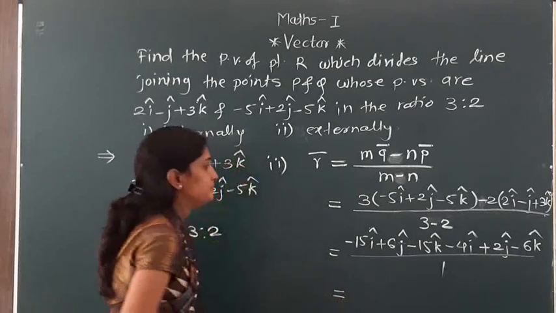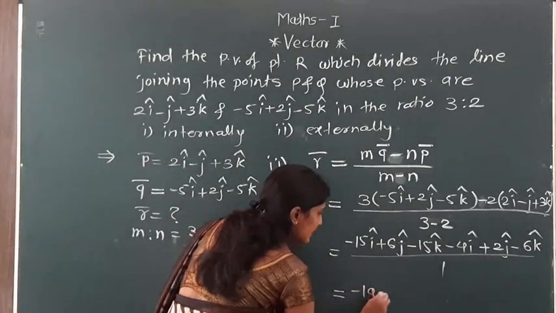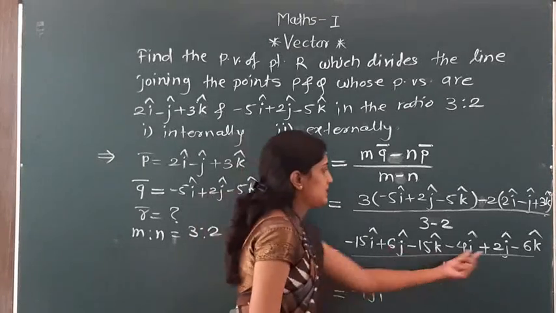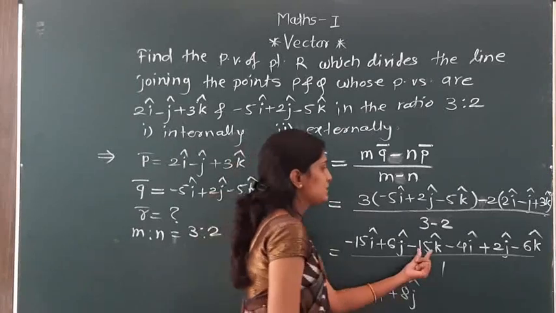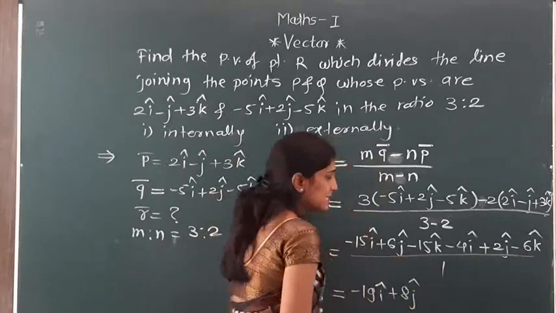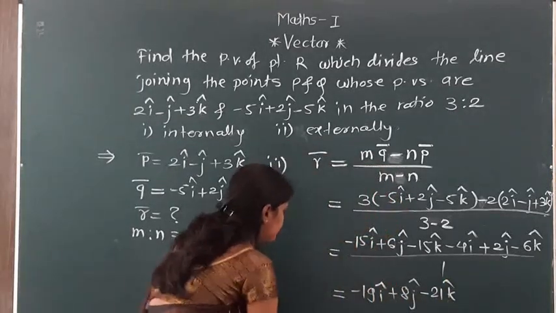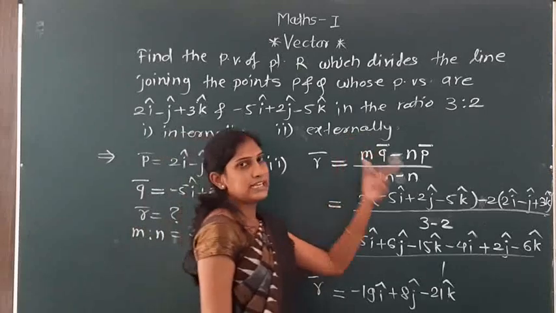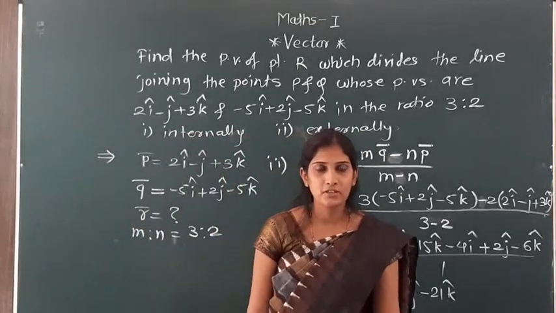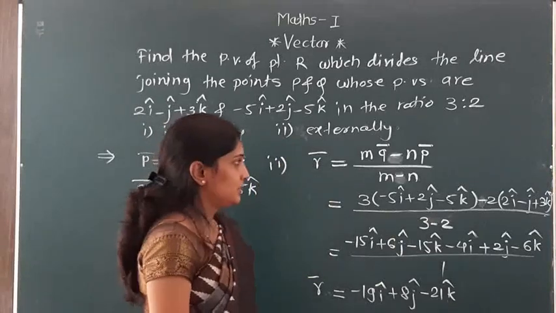That is equal to minus 15 and minus 4, which is minus 19i cap, plus 6 and 2, which is plus 8j cap, and minus 15 and minus 6, which is minus 21k cap. This is the value of R bar in external division. I hope you understand this example. Thank you.